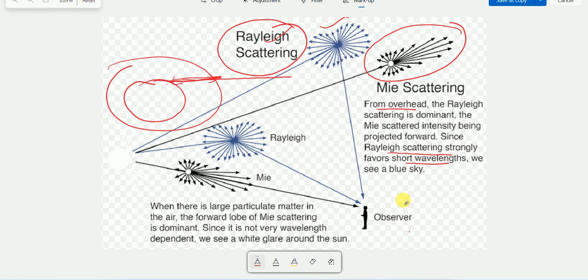And when the sun's rays travel a greater distance in the atmosphere, due to the scattering process, blue and violet rays are almost removed from the sunlight, and thus the remaining light has red and oranges. And that is why in the sunset and sunrise hours we see this reddish color of the sky.